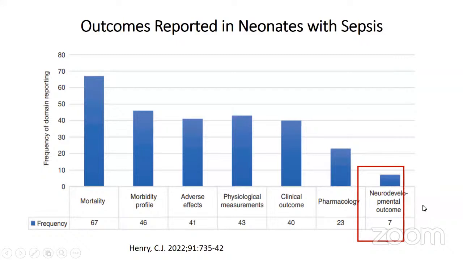And I think this is one area that we should be looking at long-term as to how many patients survive with sepsis, and of those who survive, how many have impaired neurodevelopmental outcomes. So I think the follow-up is very important in terms of the patients we have with sepsis, who survive sepsis.